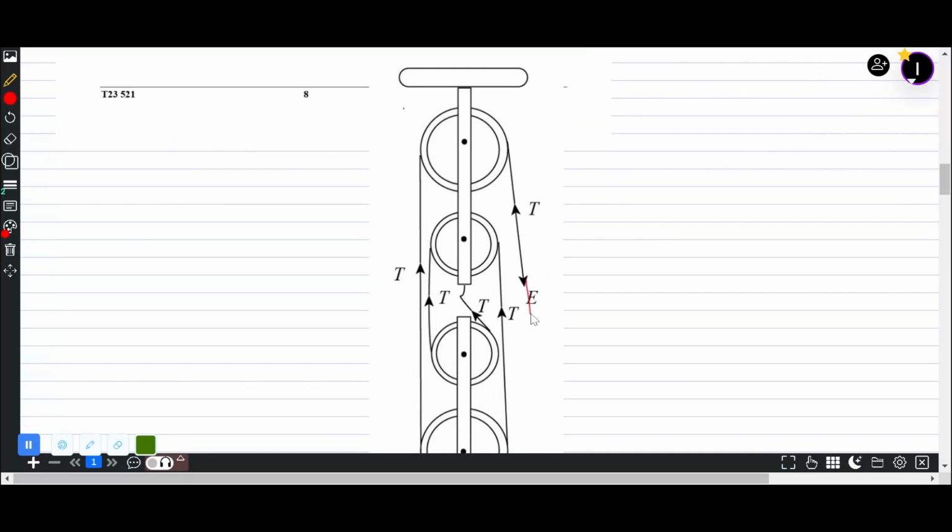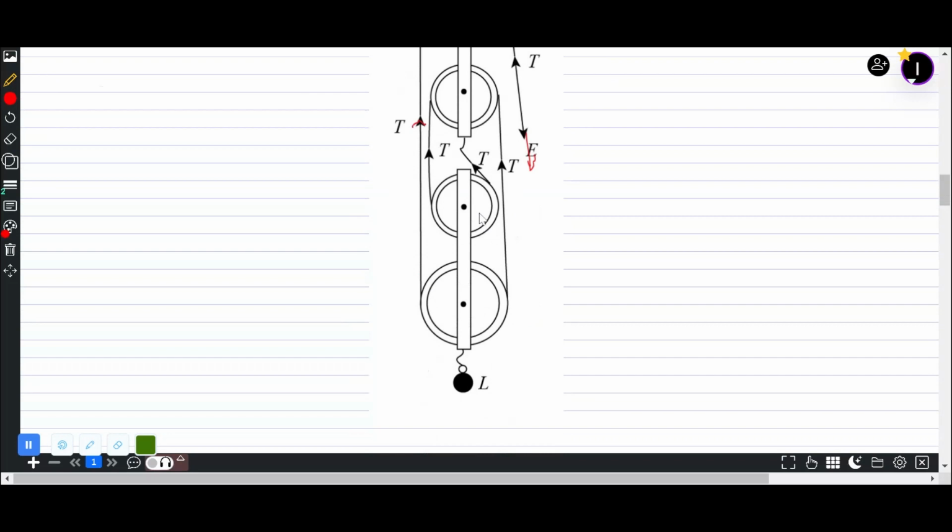You are pulling the string, and that leads to tension T. Because the string is the same on this side, you will have the same tension T. Then it is rolled over this pulley and goes to the other pulley. Here again the tension is T. From there it goes to a fourth pulley, so there is a tension T, and it gets rolled over and connected to the fixed support. So how many T's do you see? You see 4 T's.